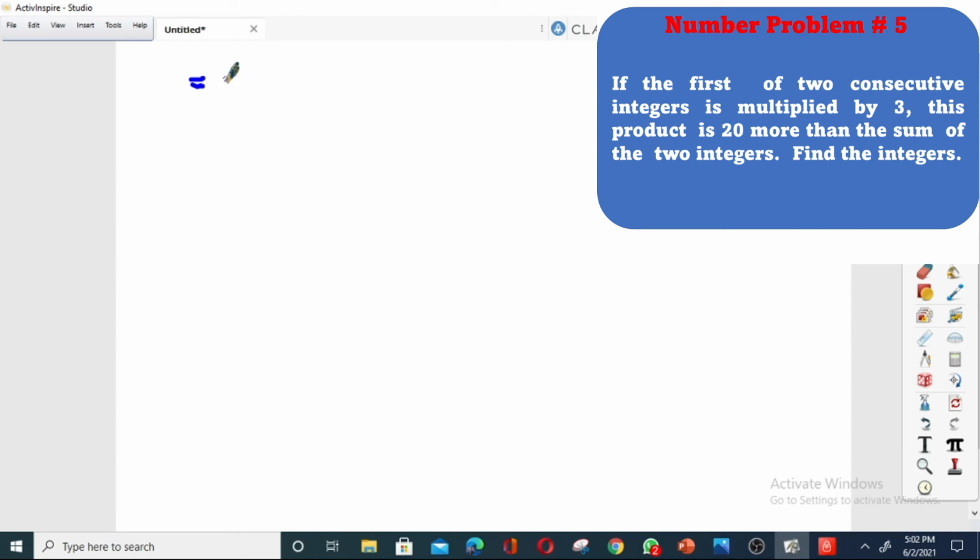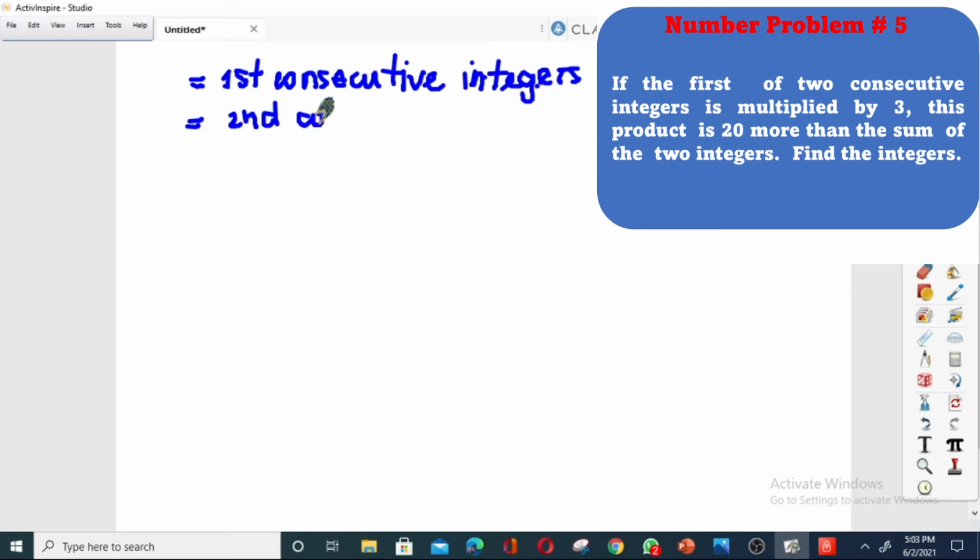So we have the first consecutive integer, and then we have the second consecutive integer.